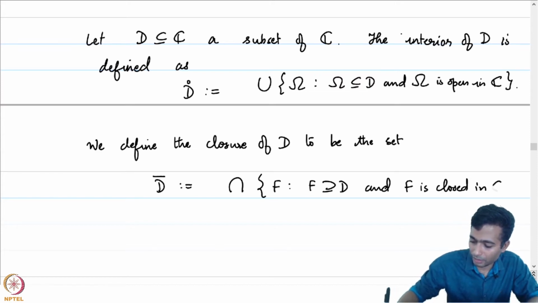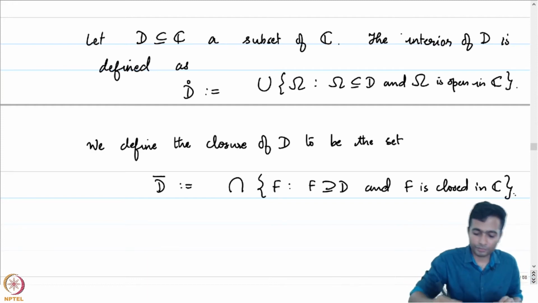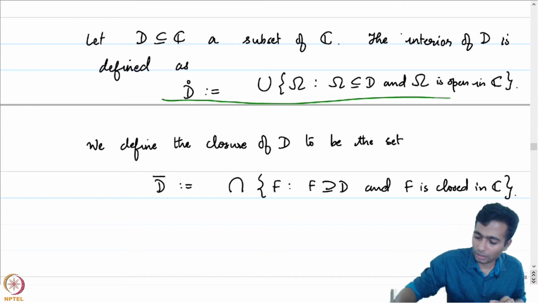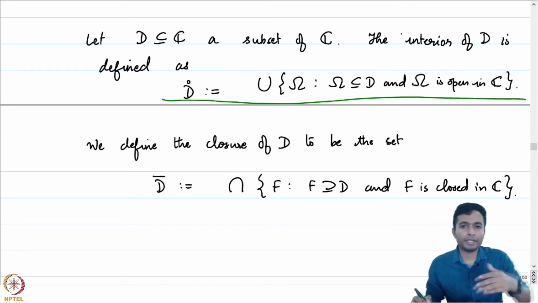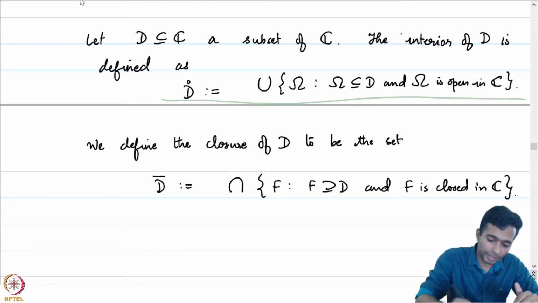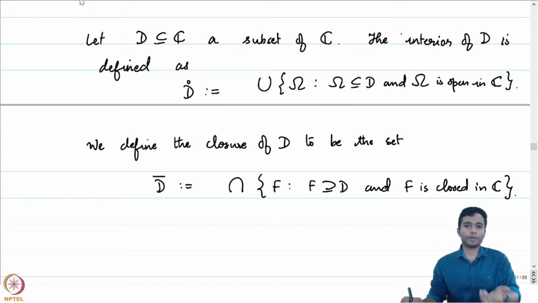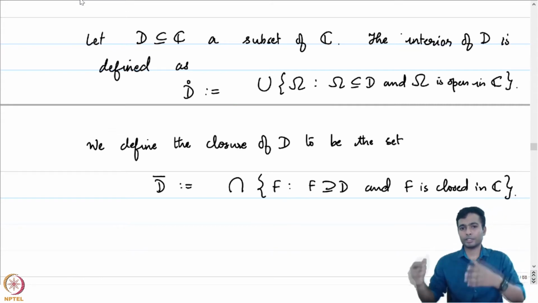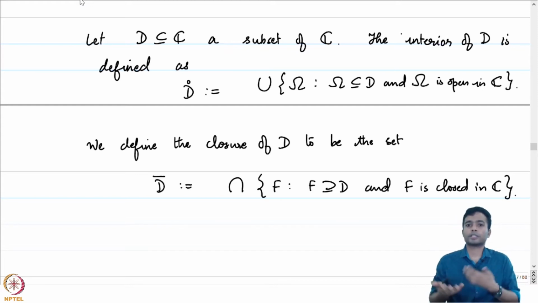Here in this first case, which I am now underlining in green, by the observation I made earlier, it's clear that the interior is an open set, because an arbitrary union of open sets is again an open set. Using De Morgan's law, you can check that the same thing translates to saying that an arbitrary intersection of closed sets will again be a closed set.